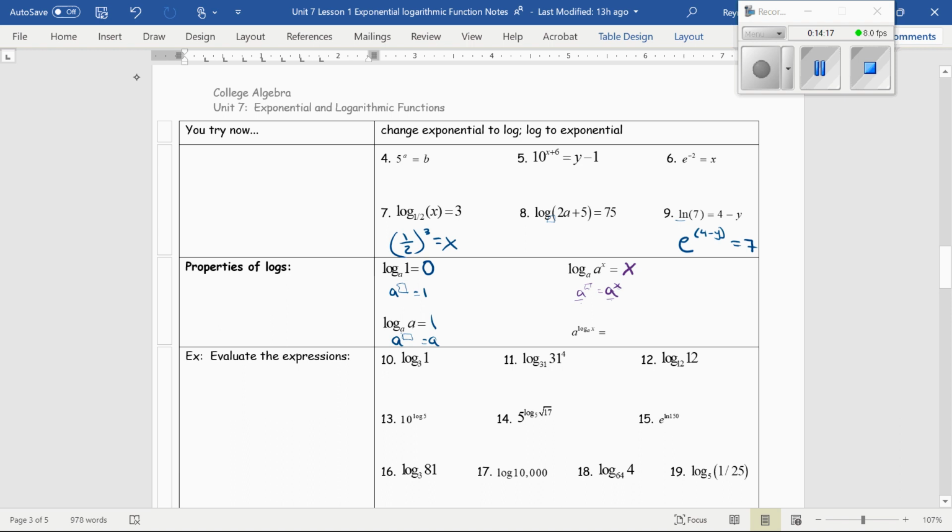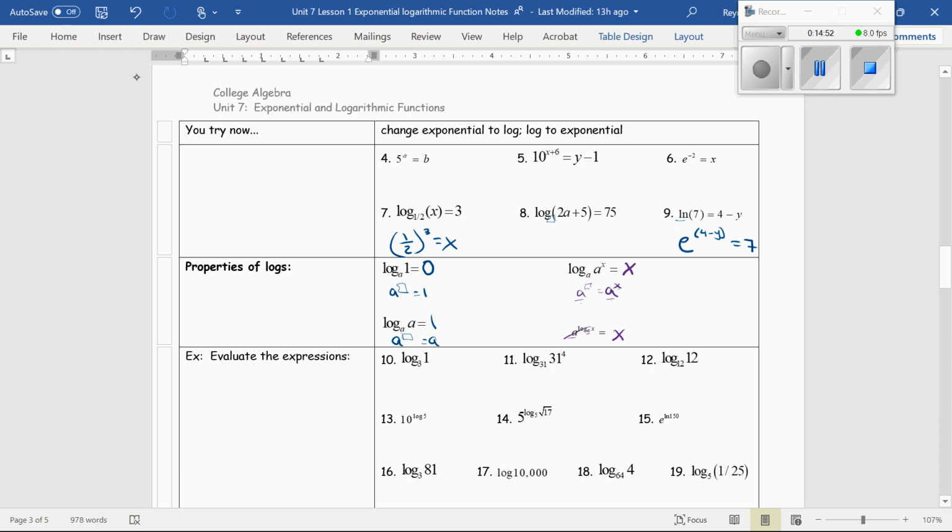And then here we have a to what power would equal log base a of x. Remember, a log is an exponent, so these are just going to cancel each other out. If this matches this, then these cancel out, and it's always just x.